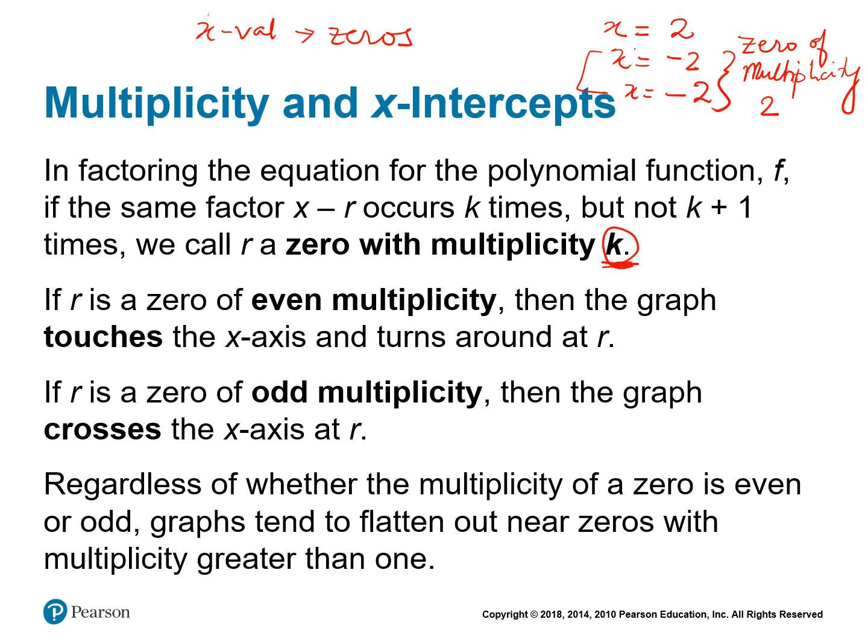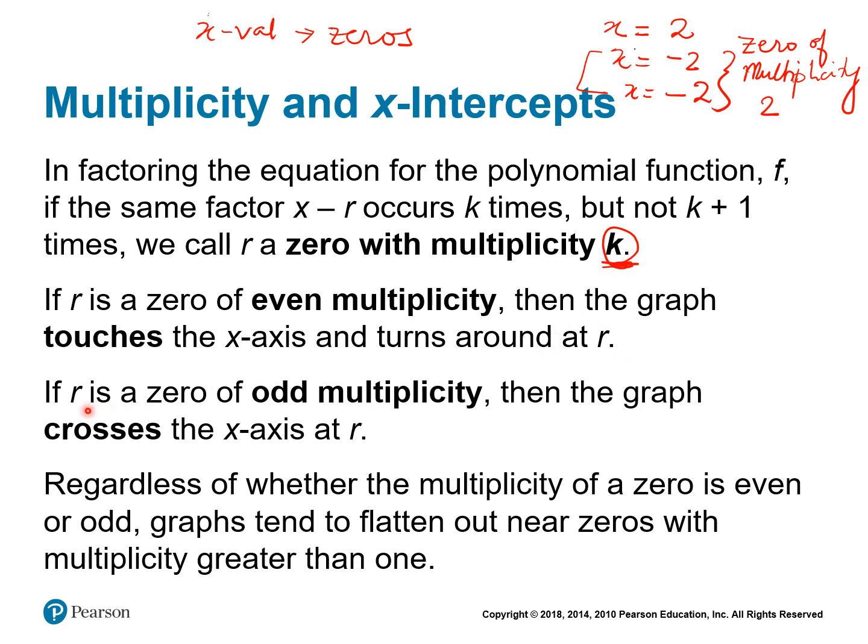Now it says here, if R is a zero of even multiplicity, that means k is an even value. So if the number is repeated an even number of times, then the graph touches the x-axis and turns around at R. It touches the x-axis and changes direction.